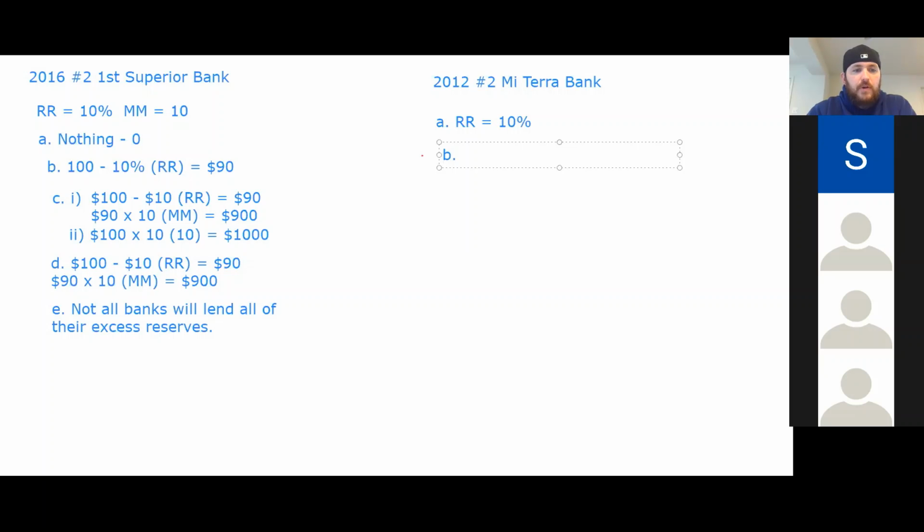B, assume that Lewis withdraws $5,000 in cash from his checking account at Matera Bank. Okay, and so for B, we're going to have three separate questions of what is the impact of his withdrawal. B1 is asking, by how much will Matera Bank's reserves change based on Lewis's withdrawal? The answer is $5,000.